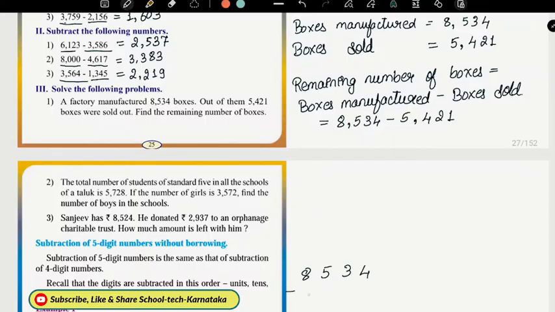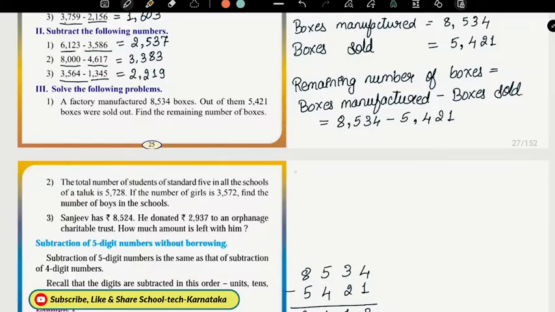8534 minus 5421. 4 minus 1 is 3, 3 minus 2 is 1, 5 minus 4 is also 1, and 8 minus 5 is 3.